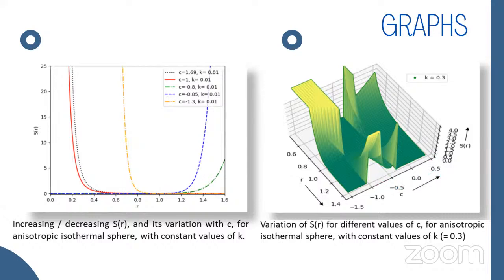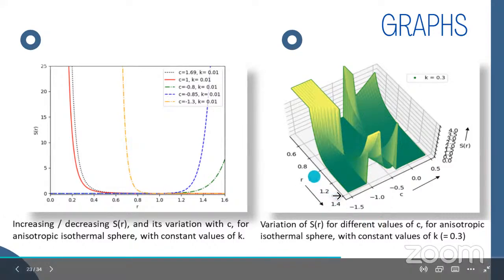When C is entering the negative domain, for a small region of C, the whole graph changes its nature and S starts increasing with R. You can see it here. The graph is increasing with R.